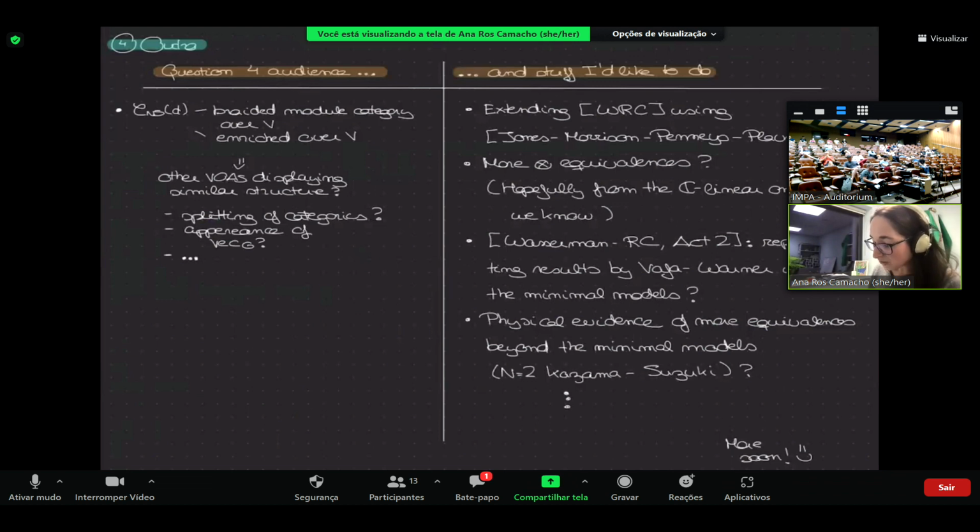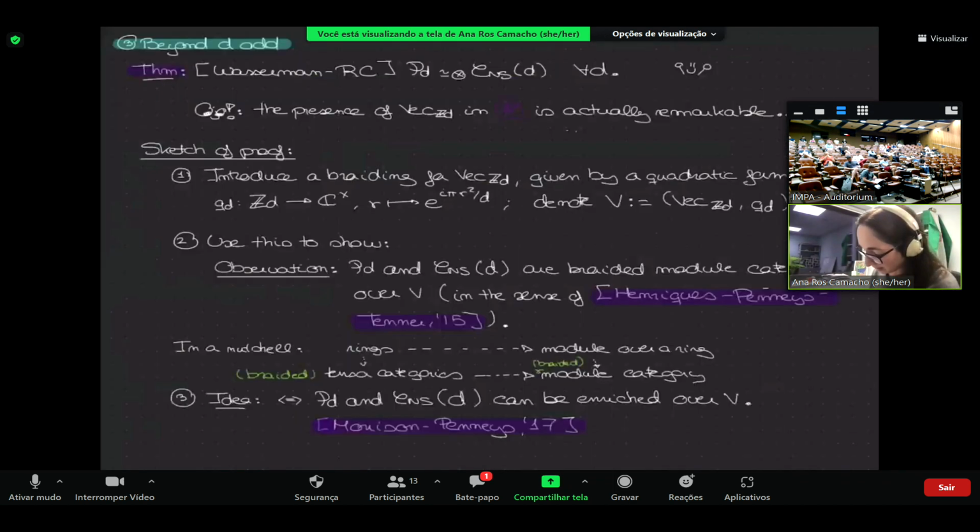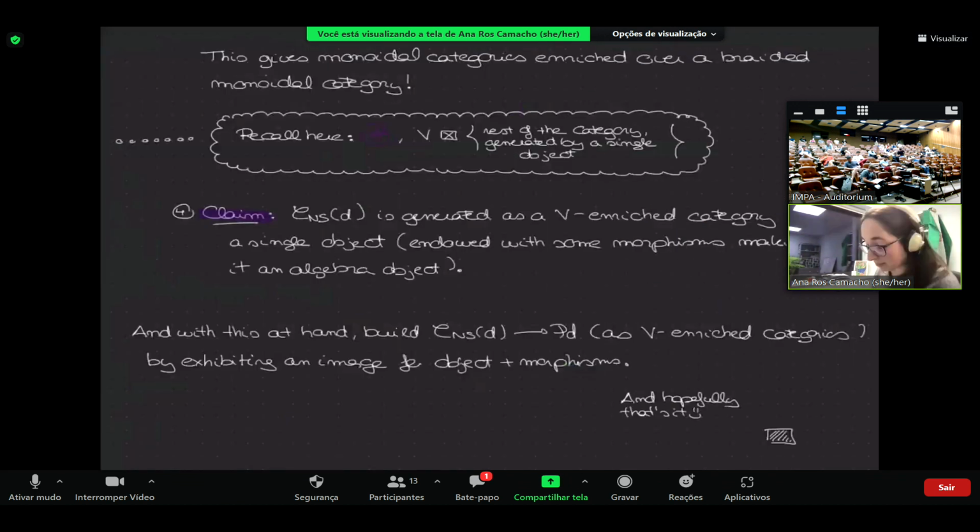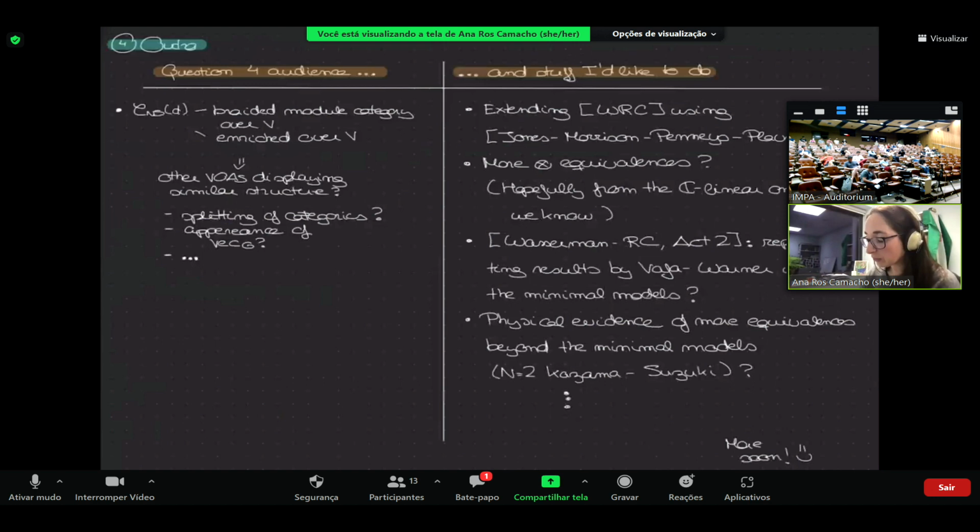And just to finish, I would also like to mention more things that I would like to do with this result. One question is, as I mentioned, there has been some work on G-extensions of this notion, these monoidal categories enriched over a braided monoidal category.